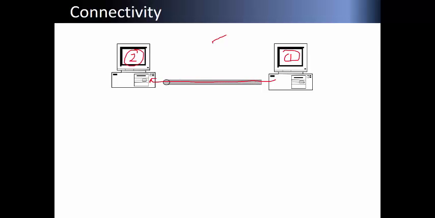So basically what we need at each side is a network controller. We call it a network interface card, right? The so-called NIC card at both sides.